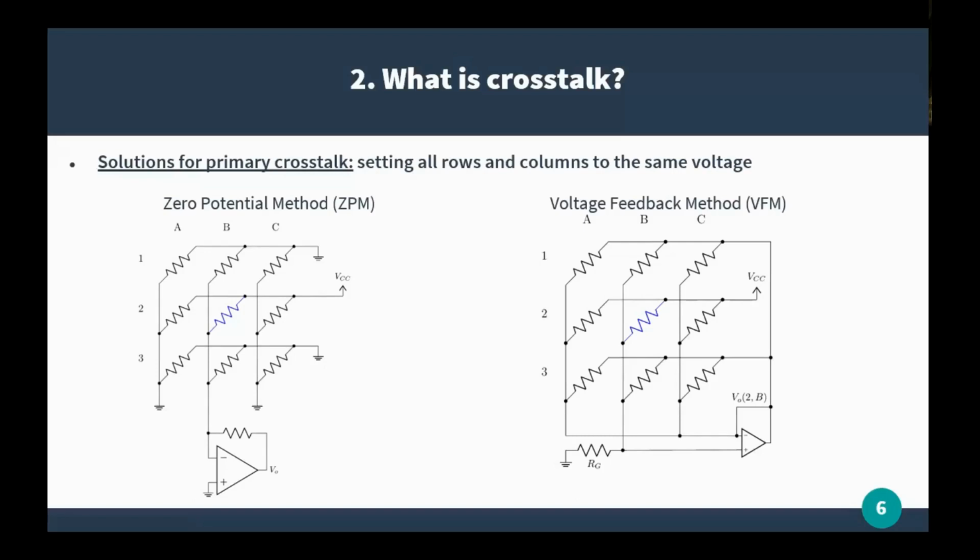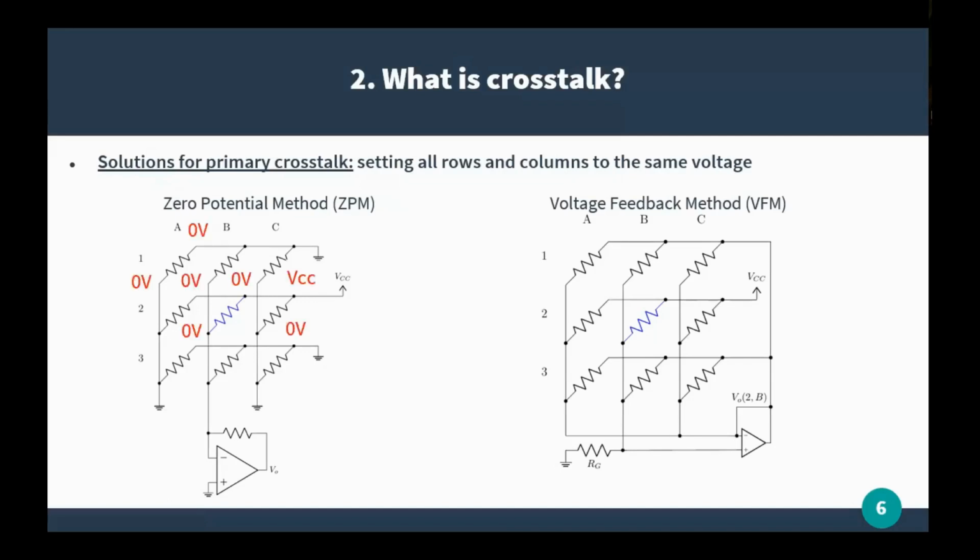We're going to talk about the zero potential methods. Zero potential method is this side, and the voltage feedback method is on that side. In this work, we're going to be working with that one, but the working principles are very similar. In the left case, every sensor is set to 0 volts on both terminals, which means that the current through the sensor is 0 because the voltage at the sensor is 0.